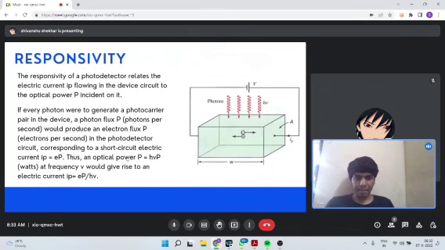Responsivity is another very important quantity, because it relates the electric current flowing in the device circuit to the optical power incident on it. Unlike the previous case, this depends on the amount of energy incident as well.